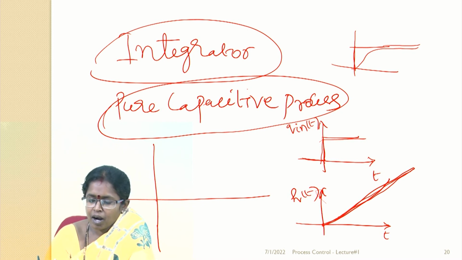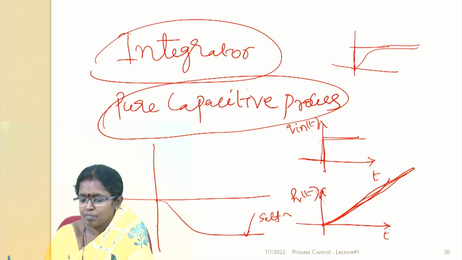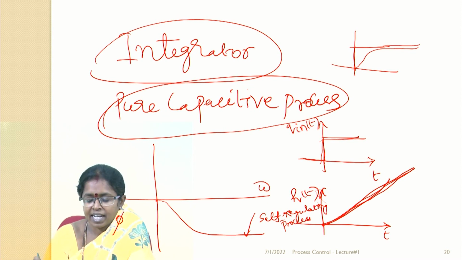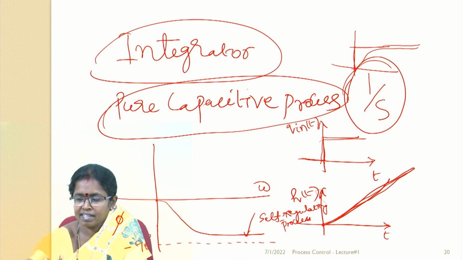If you plot the frequency response, this is your self-regulating process. The phase angle will gradually increase. This is your omega versus phi. What happens to the non-self-regulating process? There is a constant phase lag of minus 90 degrees. Why? Because there is an integrator 1 by s in the transfer function.